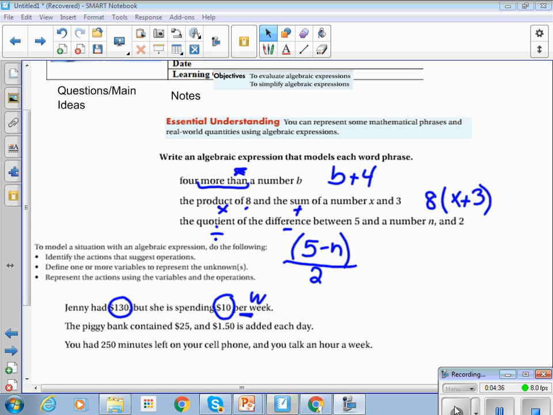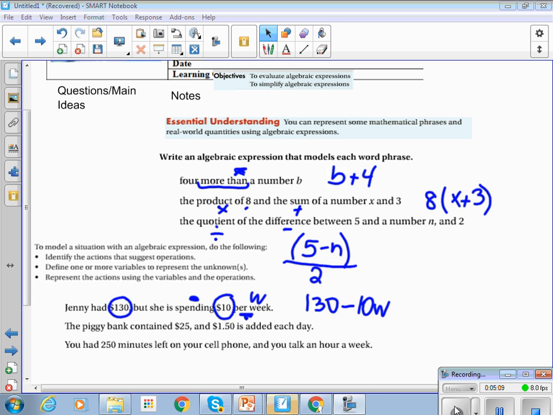We have to use 10. And I'm going to use W to represent the amount of weeks that go by. So we know she has $130 at some point, but that every week that goes by, she is spending, which usually means minus. Per week usually means times. So anytime you see per, I'm going to think I'm multiplying it by something.